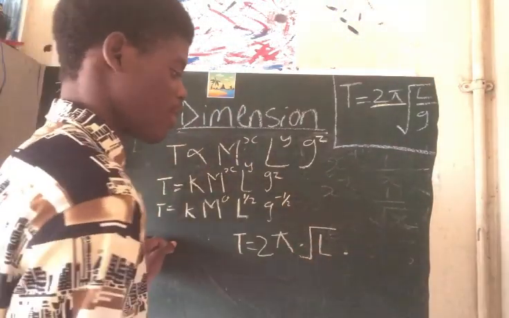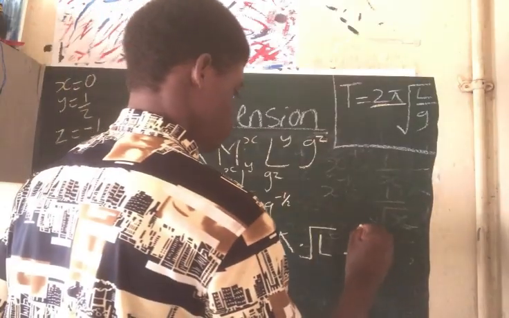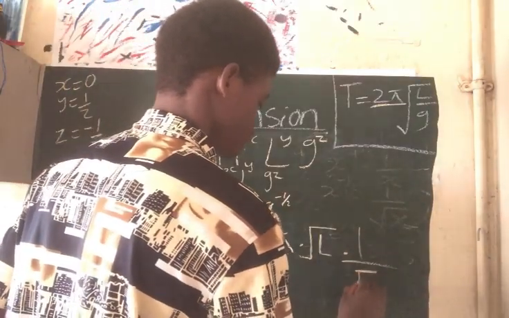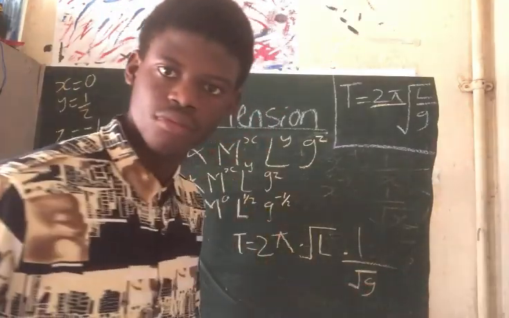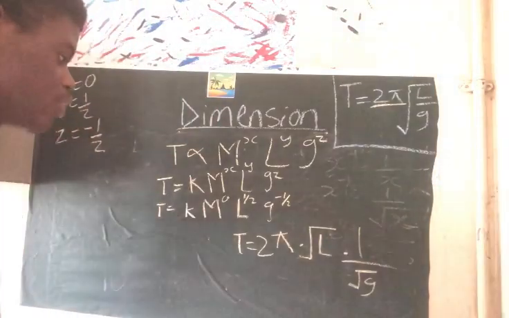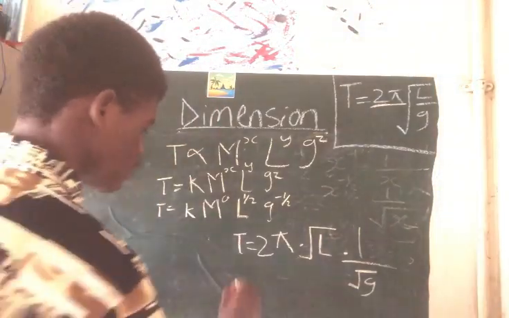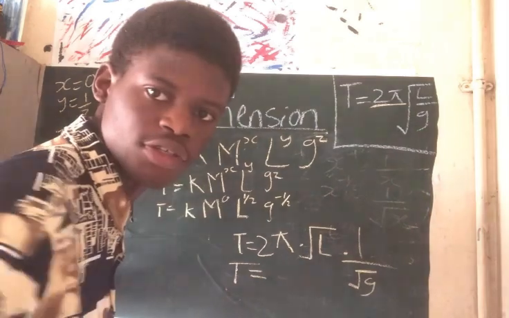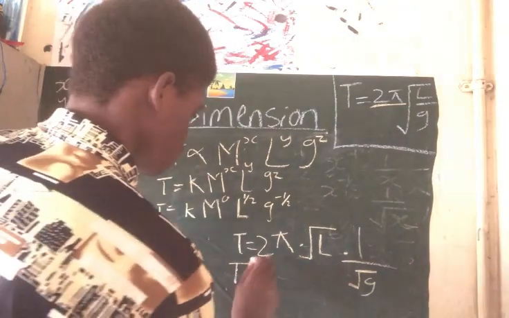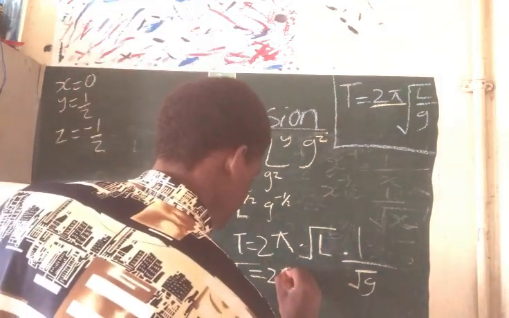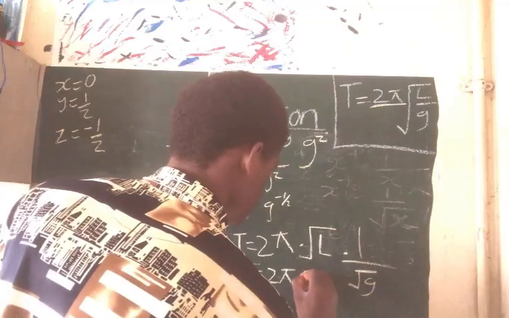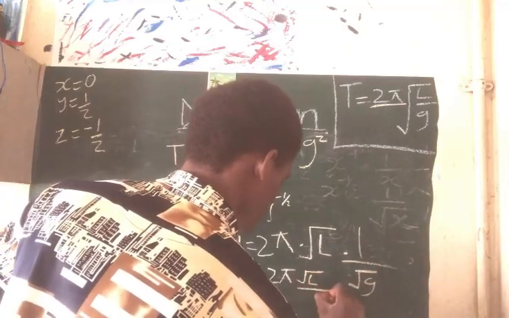So g raised to power minus half is 1 over the square root of g. I think we are getting somewhere. When you simplify this further, you get T is equal to 2 pi, square root of L over square root of g.